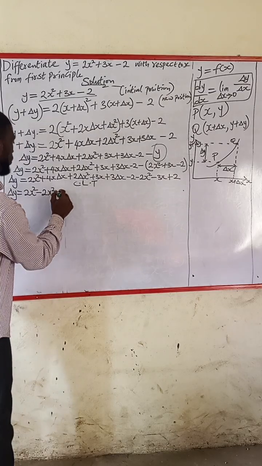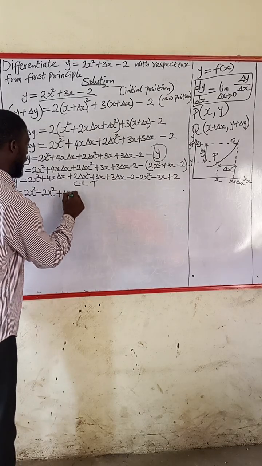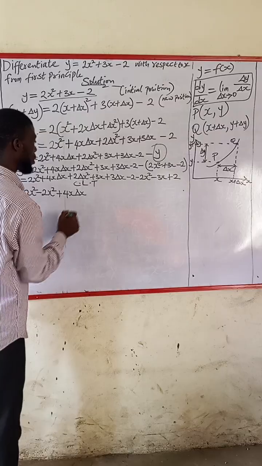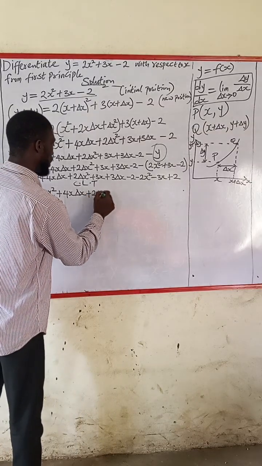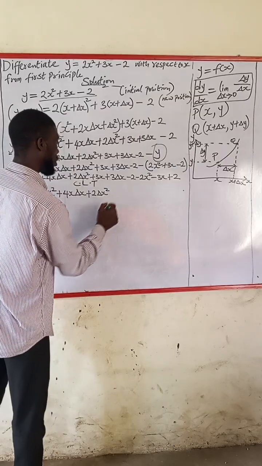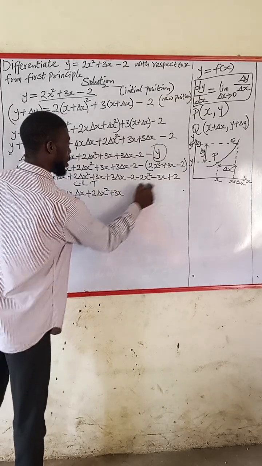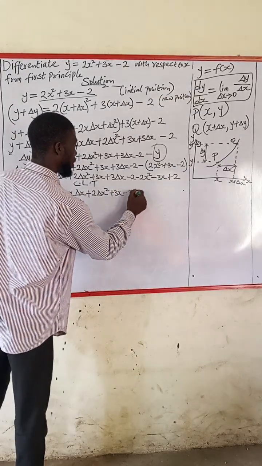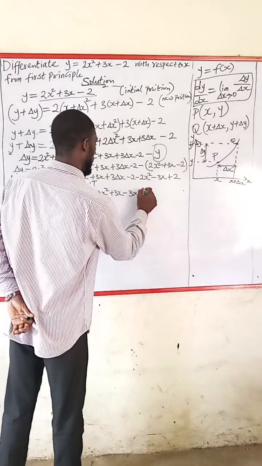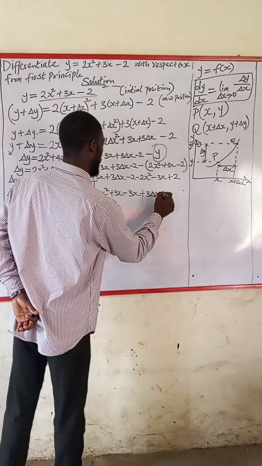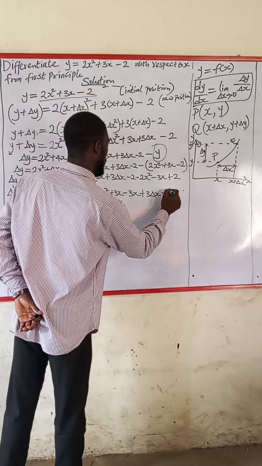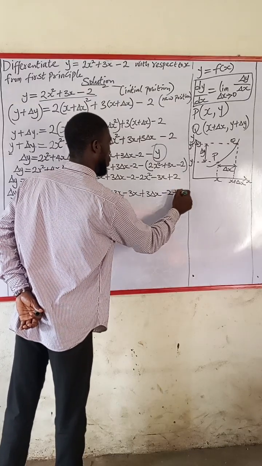We are having plus 4x changing x plus 2 changing x squared plus 3x. This is also minus 3x here, plus 3 changing x, minus 2 plus 2.